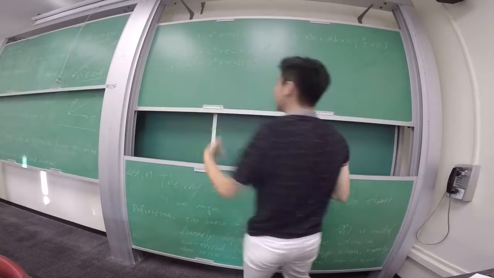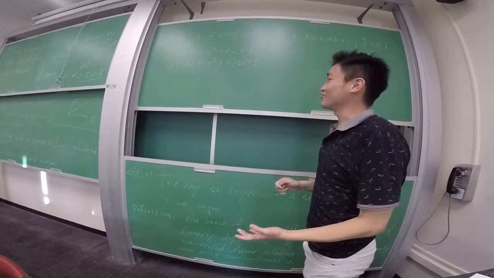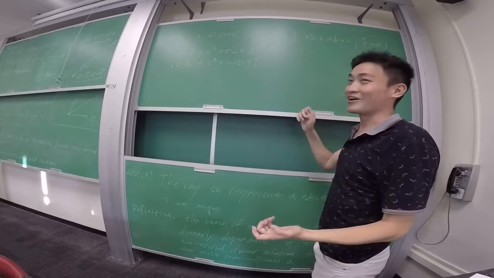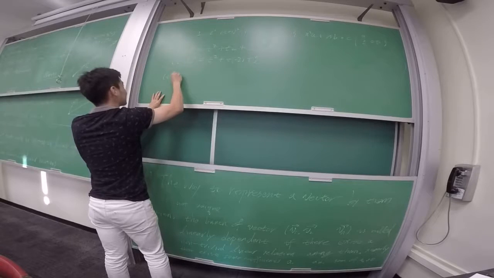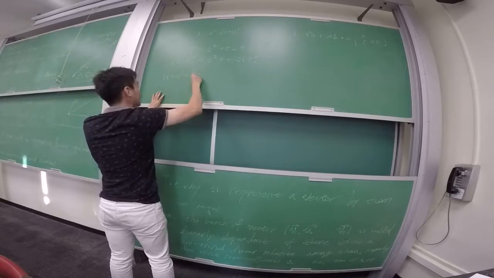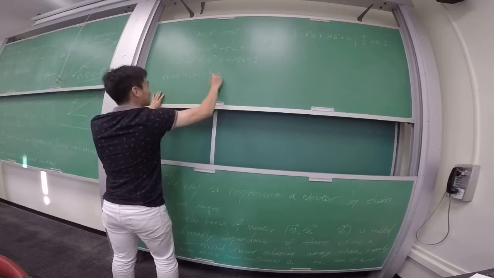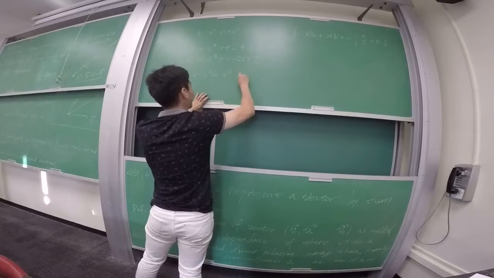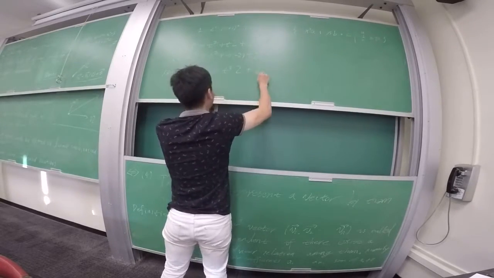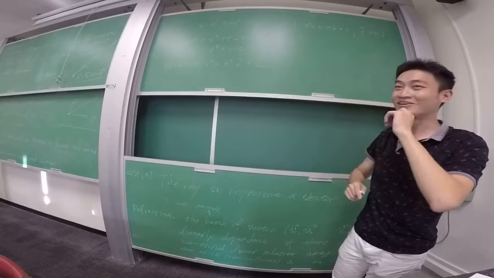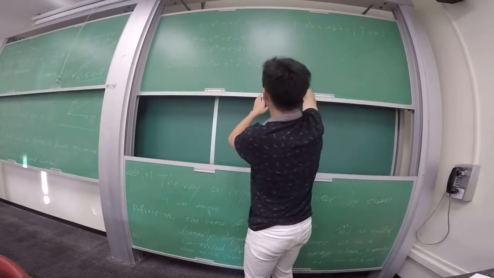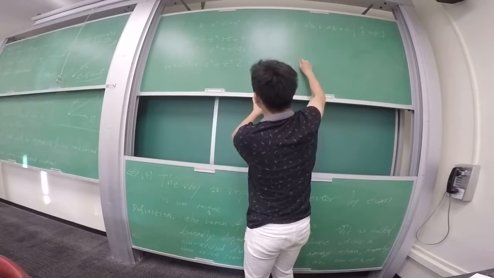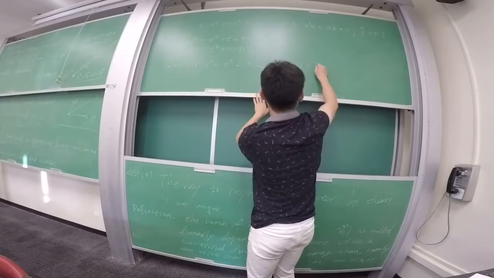If you add them together, t plus 1 squared plus t minus 1 squared is equal to 2t squared plus 2. It's equal to t squared multiplied by 2 plus 1 multiplied by 2, right?